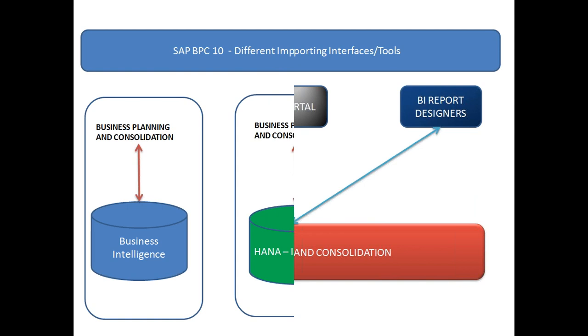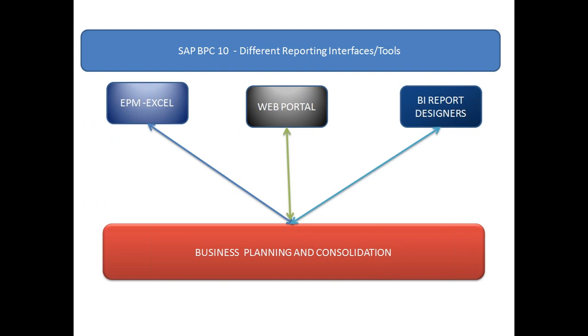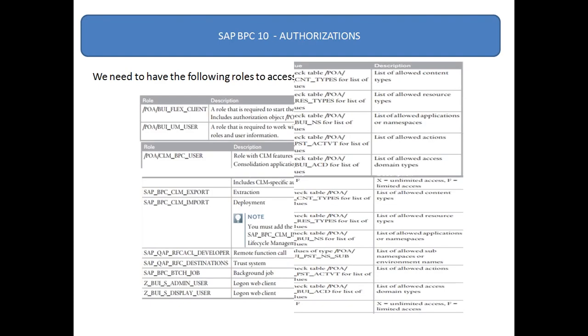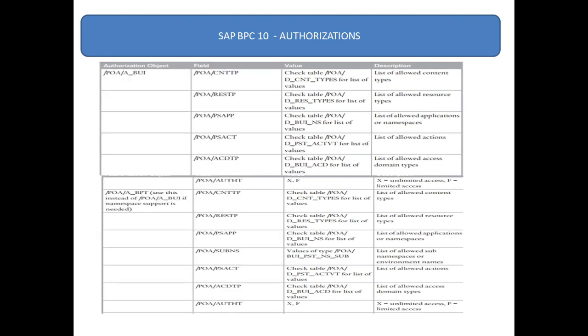This is the landscape, the BI landscape one now. Now business consolidation has web portal, BI designers and EPM, right? These are the authorizations which we must have for BPC, okay?